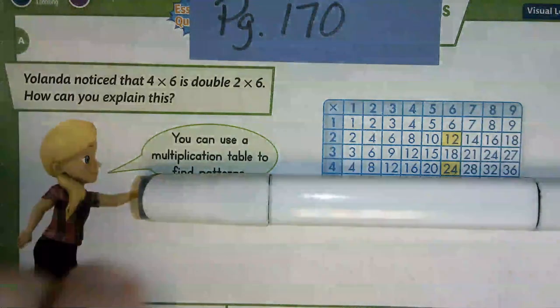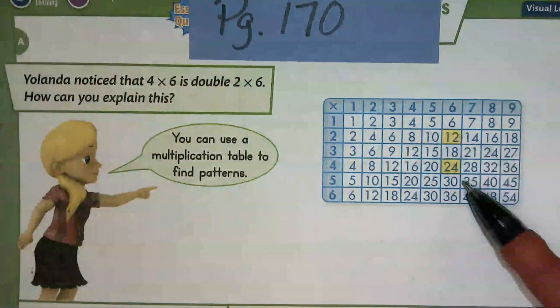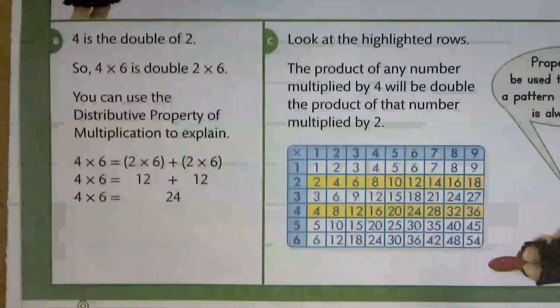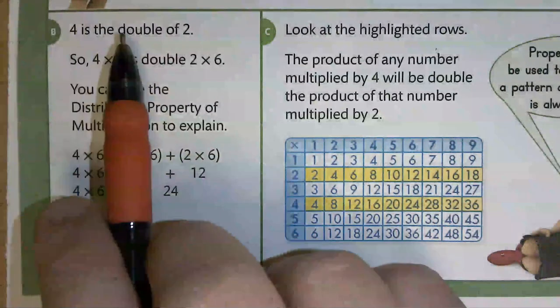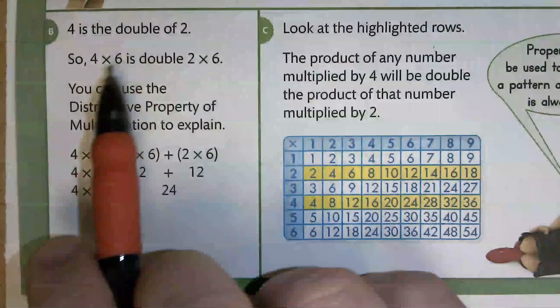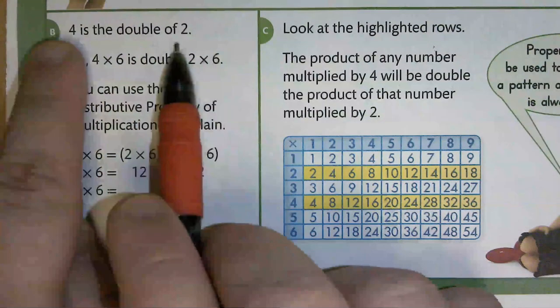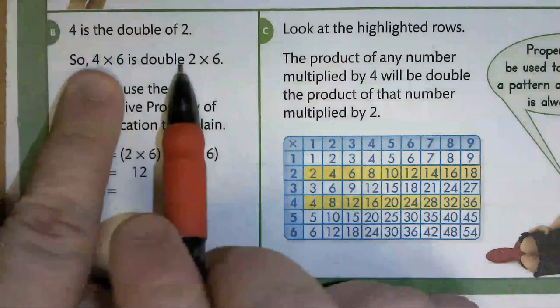So the question is that when we see 12, and if we double that, we get to 24. Well, why is that? Well, let's come on down here to box B. And box B says 4 is the double of 2. So 4 times 6 is double 2 times 6. 4 is the double of 2. Double 2 is 4. All right.